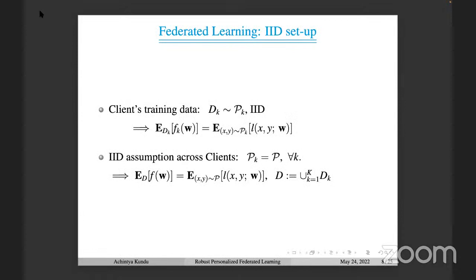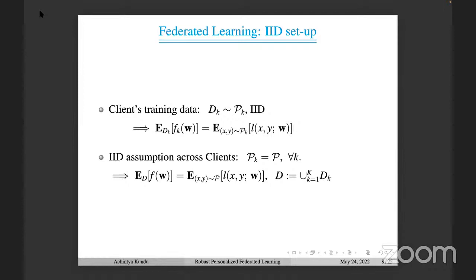Now let us look at some of the assumptions in the original federated learning setup. We saw that the first assumption is that the training samples in a particular data set are IID. This is a fairly common assumption in machine learning, which is okay for us.